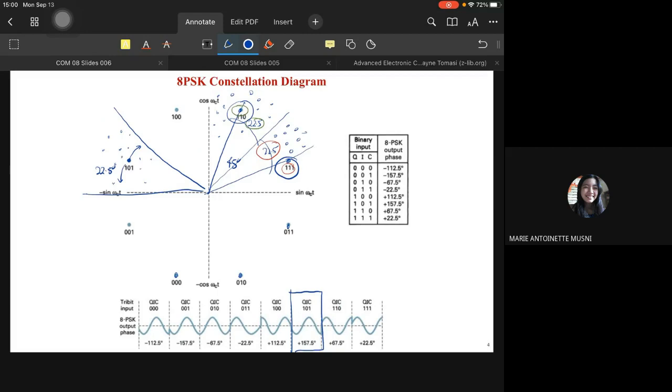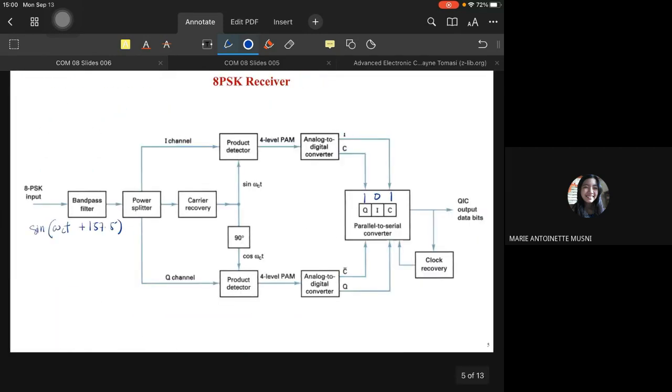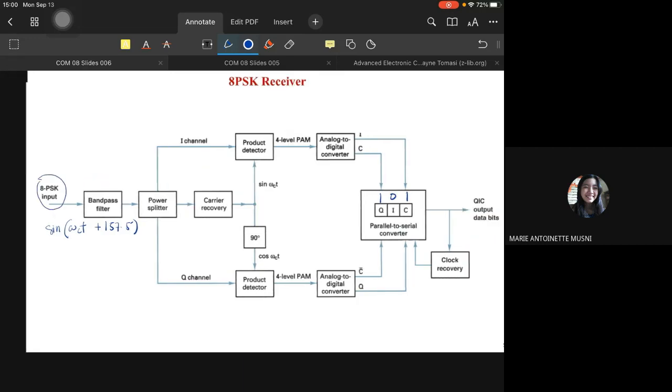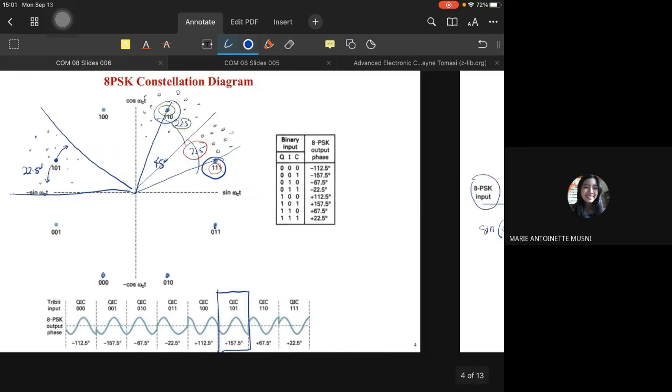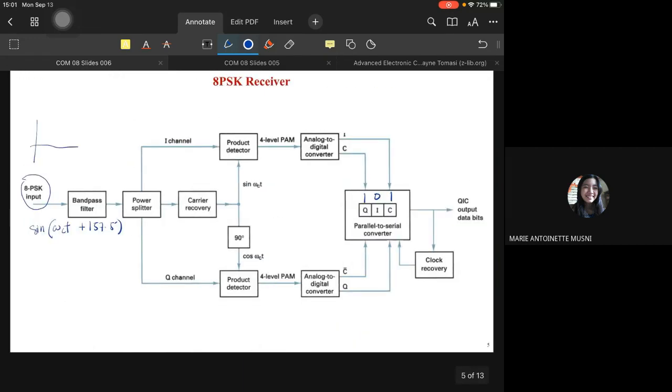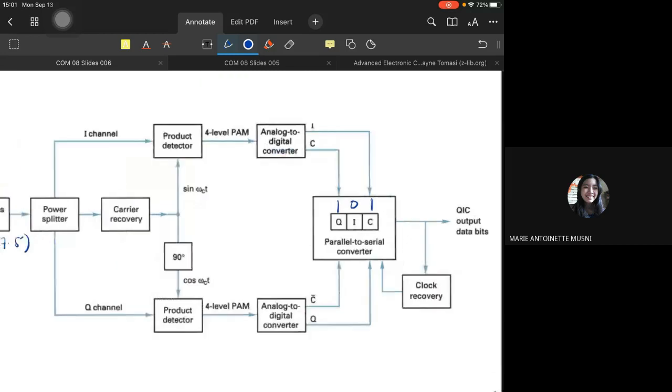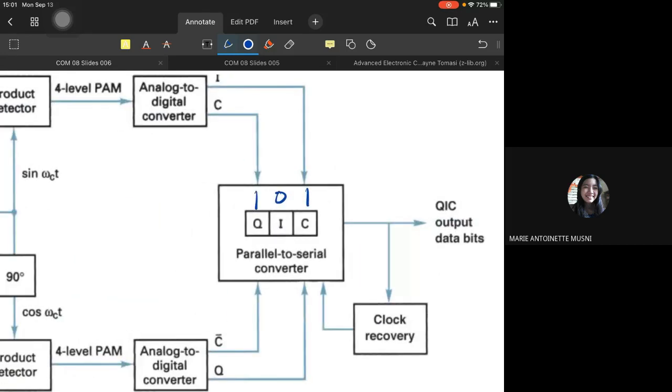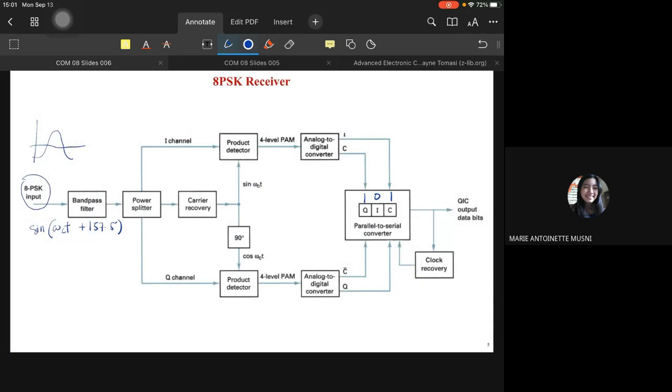And if we input it here in our receiver, the output here is 101. Okay? Questions?